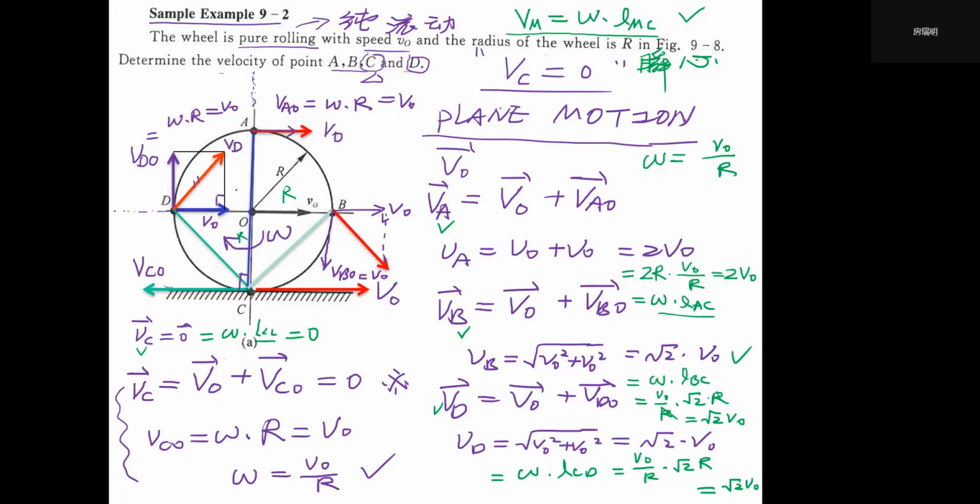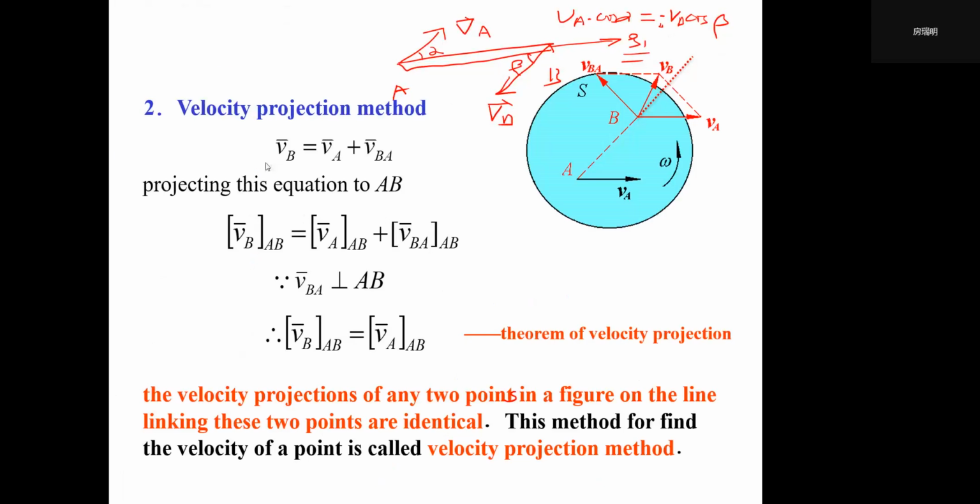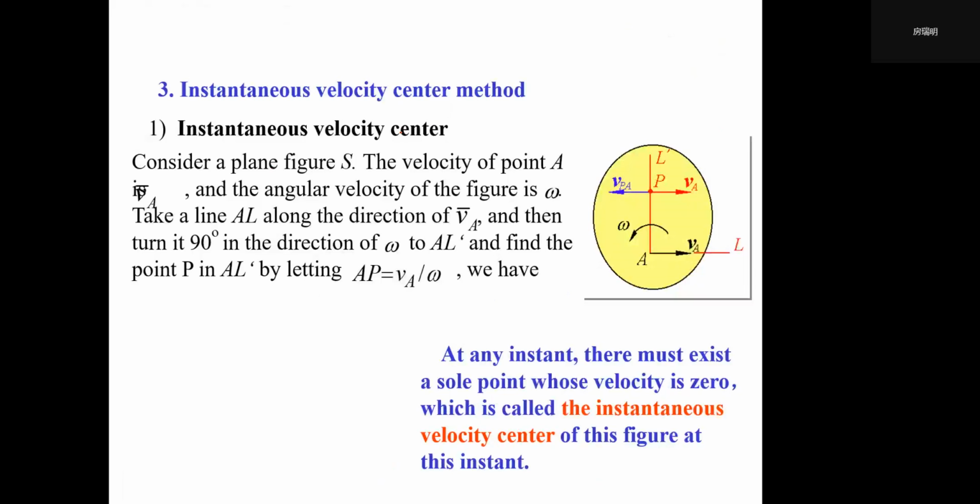We checked 3 points, A, B, and D. You can find that the absolute velocities VA, VB, and VD are all perpendicular to the line linking the point to the instantaneous point C. So we call this point what we will learn today, the instantaneous center.